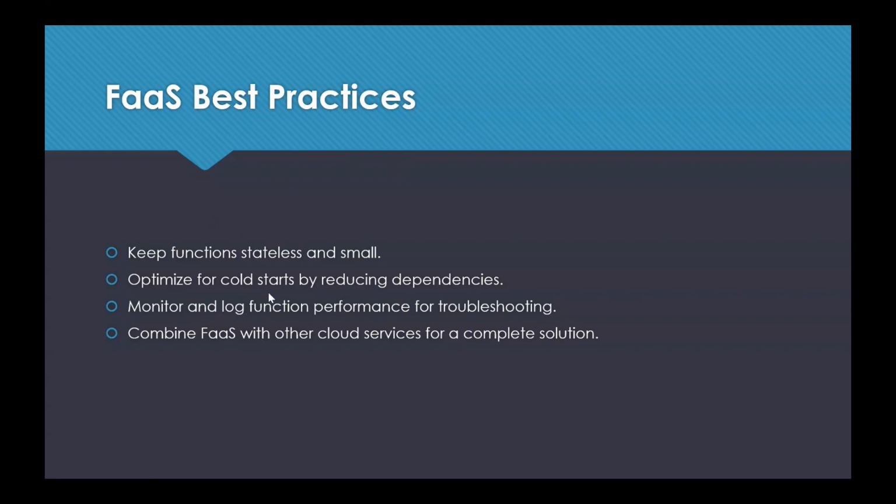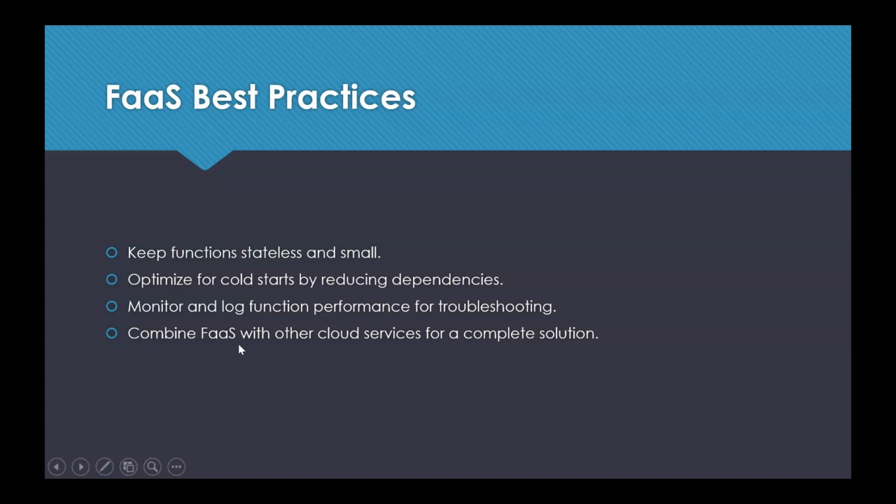Monitor and log function performance for troubleshooting. You can use monitoring tools in Azure like Application Insights and Log Analytics Workspace to monitor and log function performance for troubleshooting. You can go ahead and check all the logs in Application Insights or Log Analytics Workspace for your debugging or troubleshooting issues for your function as a service.